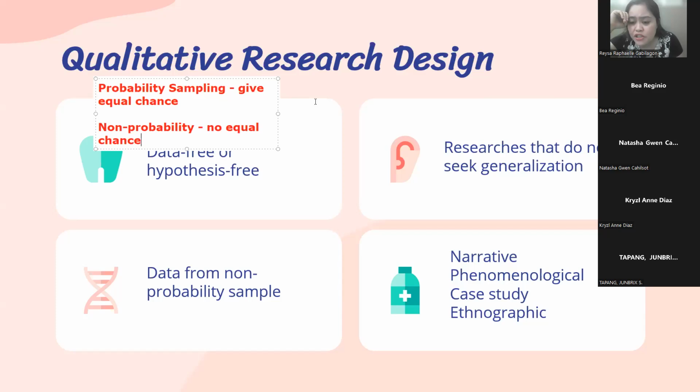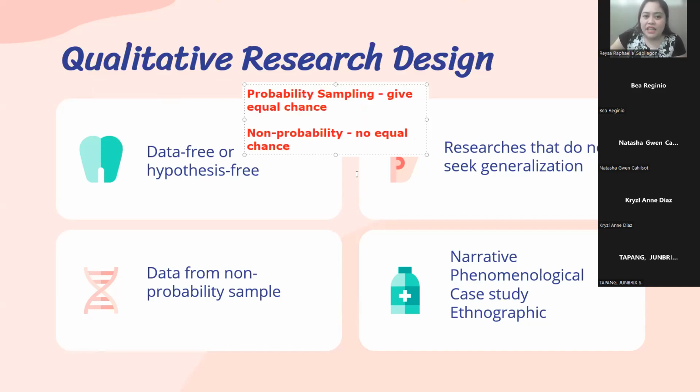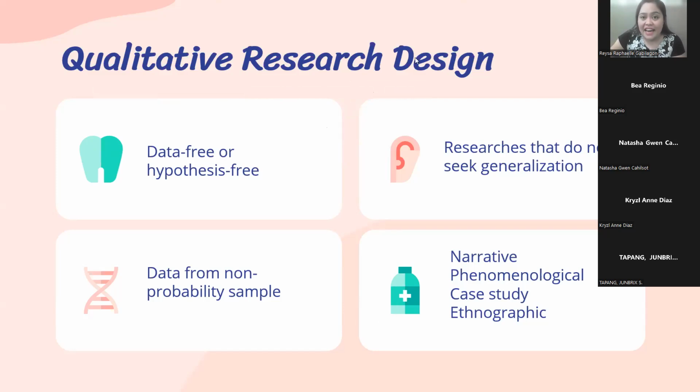And kung sino yung naka-duty, yun lang yung mai-interview natin. So wala nang equal chance. Yung mga hindi naka-duty, hindi na natin sila mai-interview. So yun yung ibig sabihin ng non-probability sampling. Okay? O kaya, minsan mag-interview tayo, si ano lang kasi kilala ko siya. Medtech siya, tapos kilala ko siya. So meaning nun, wala nang equal chance yung mga ibang medtech na hindi mo kakilala. Okay? Yan yung sinasabing non-probability sampling.